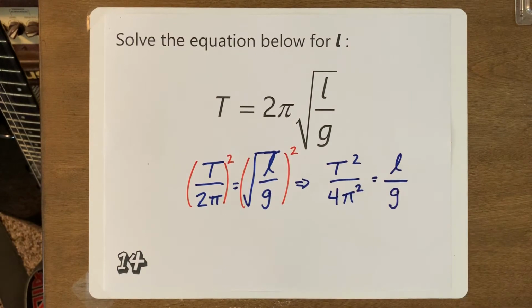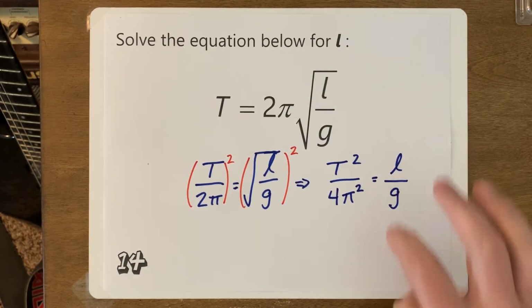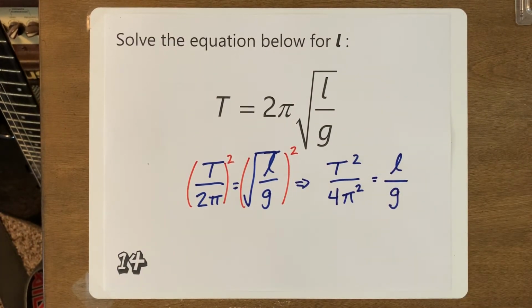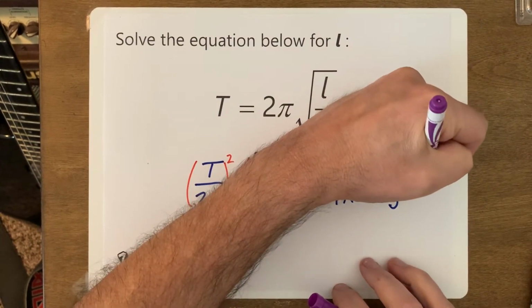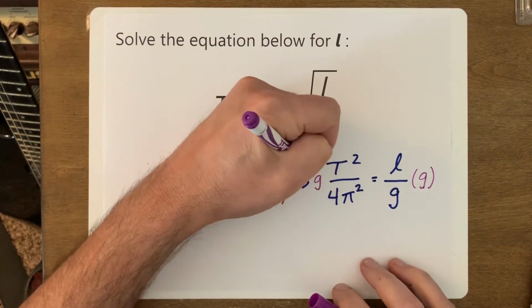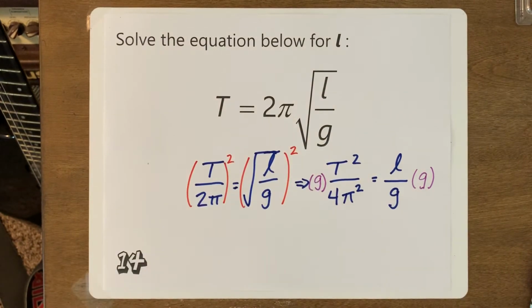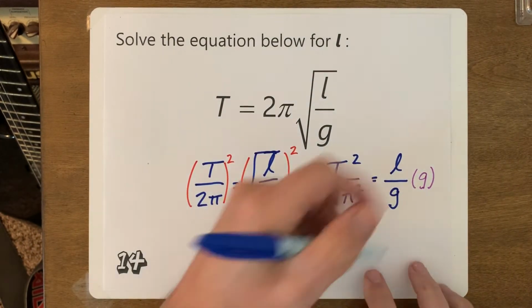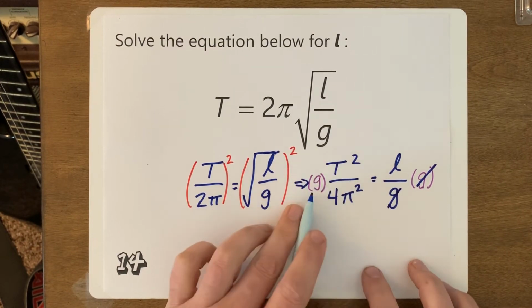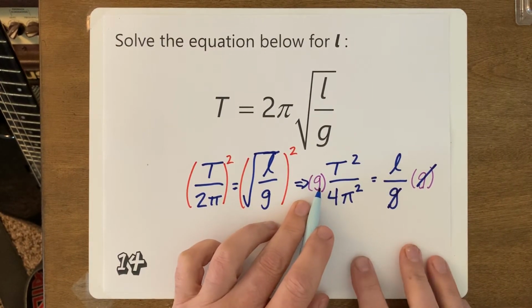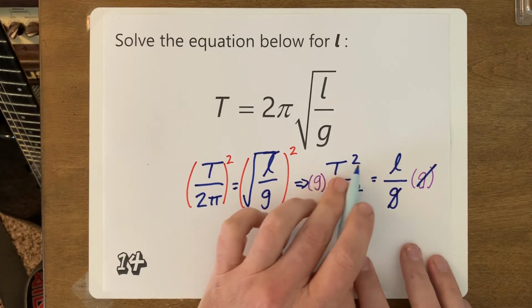So now they're unlocked. But I want to get that G out of there. So now I multiply both sides by G to get rid of it. So I'm going to multiply this side by G and this side by G. Now I've got to remember, these guys are going to cancel, no problem. That G is going to go with the numerator if it's on the side like that, isn't it? So that G is going to go with that T squared right there.